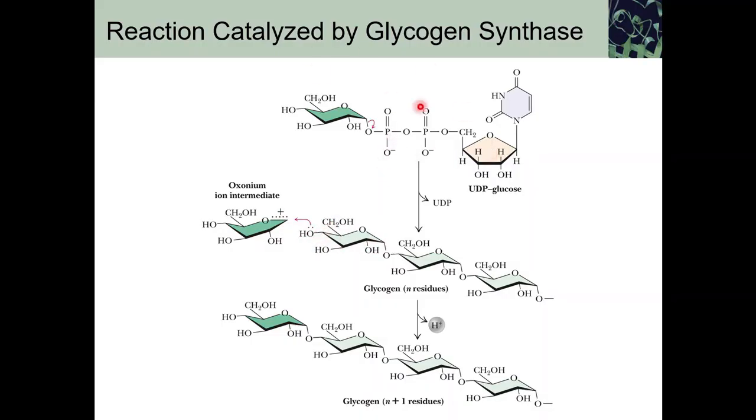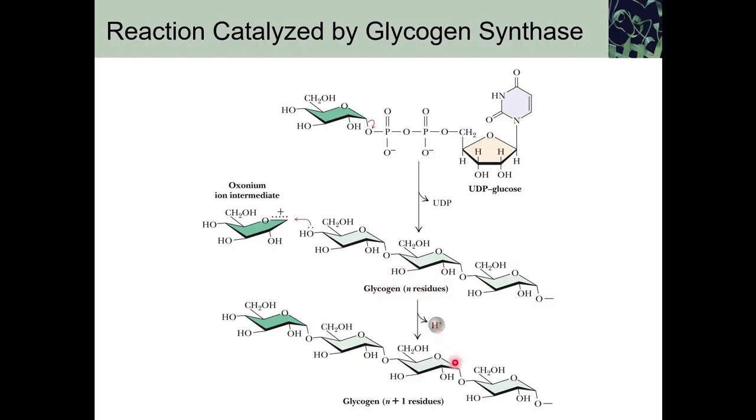But what actually happens is that this carbon oxygen bond breaks in the process producing an oxonium ion, and this oxonium ion intermediate is then attacked by the hydroxyl at carbon number 4 in the process producing that glycosidic linkage, alpha 1 4 glycosidic linkage. Right, so we have a glycogen that had N residues, now it has N plus 1 residues.